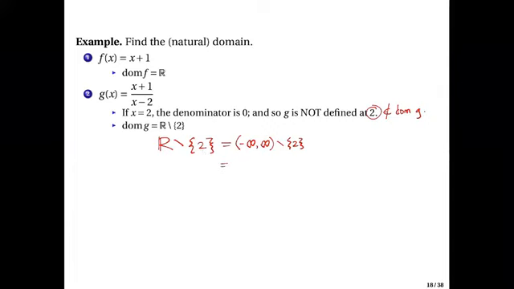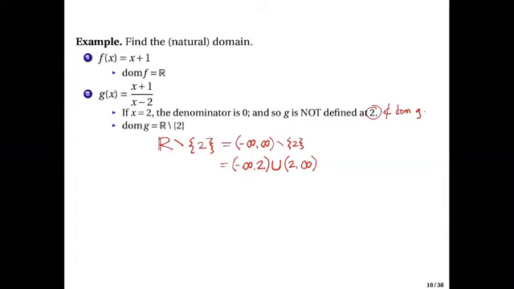You have open parenthesis from negative infinity, comma, to 2, close parenthesis, and then this symbol here, and then open parenthesis, 2, to plus infinity.